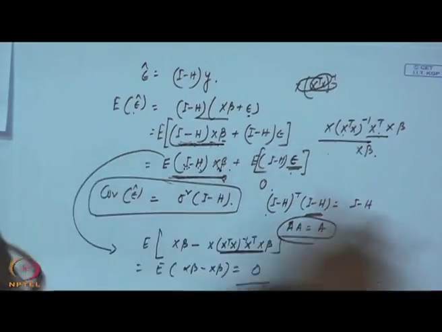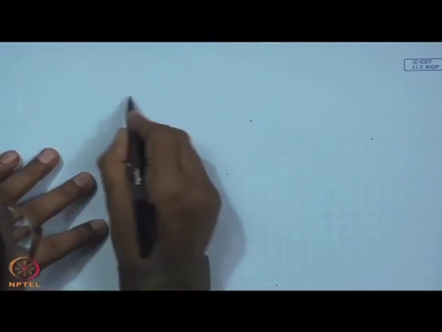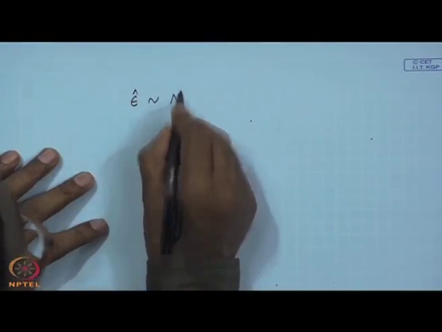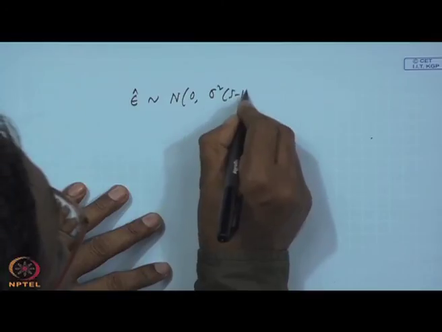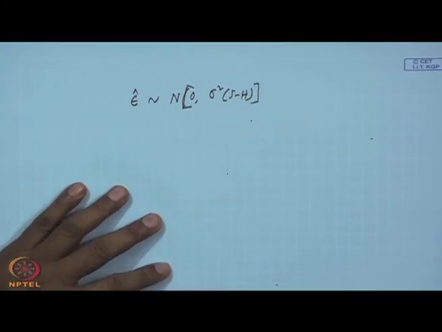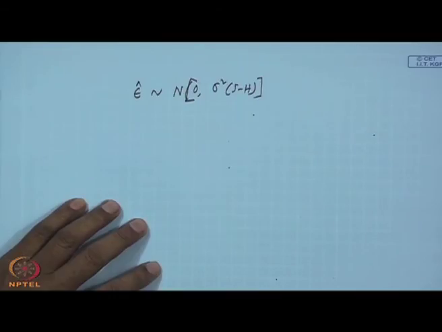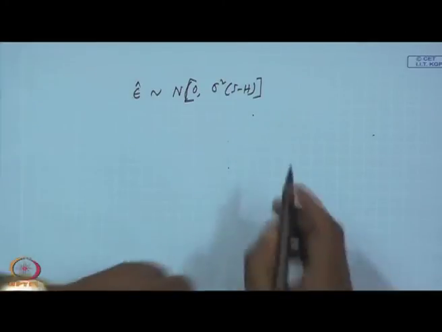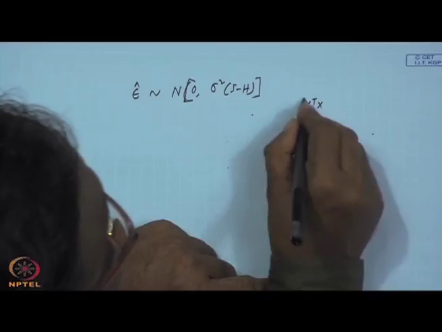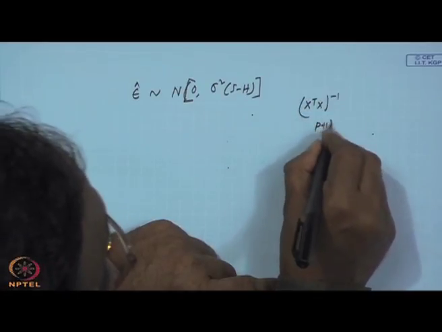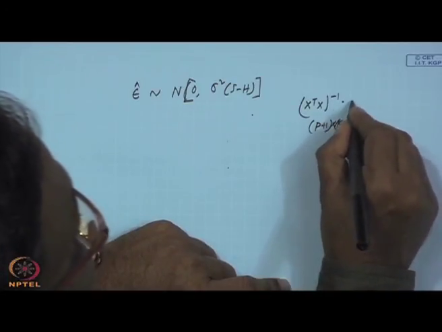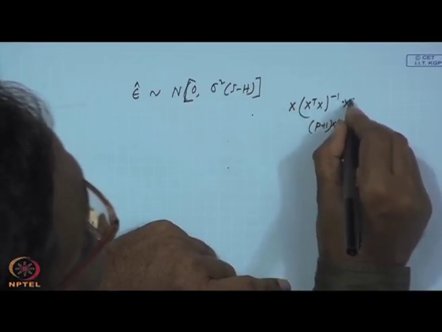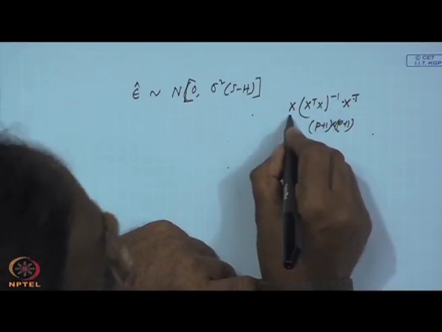So, now the distribution of this one is normal with mean 0 and covariance sigma square I minus h. Will it be multivariate or univariate? Why? What is x transpose x inverse? This is p plus 1 cross p plus 1. If you multiply it with x and x transpose, what is x?